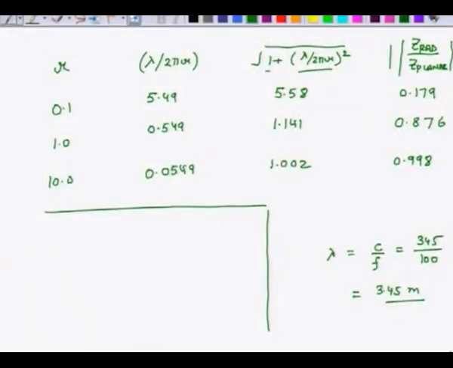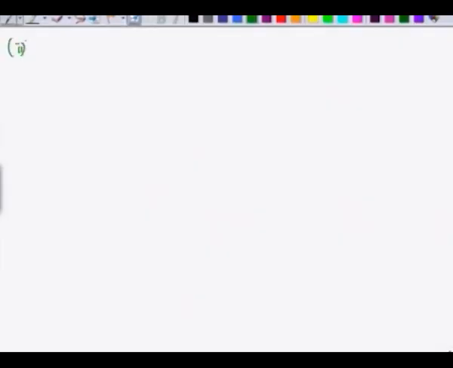Next, we are going to compute terms related to intensity and velocity of the particle and pressure generated by this particular wave. So, my second aim is that at 10 meters away from the source, find I, that is the intensity of this sound source.